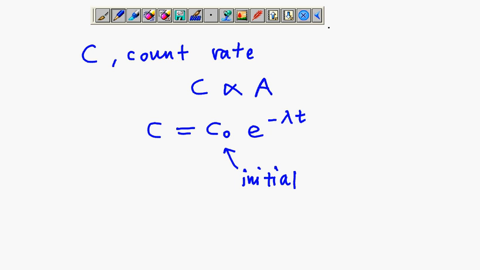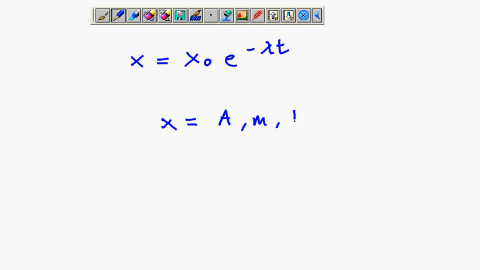So we can have so many expressions that we can just write a general expression of this, where x could be activity, mass, number of nuclei, or count rate, and x naught could be the initial condition of all these parameters.